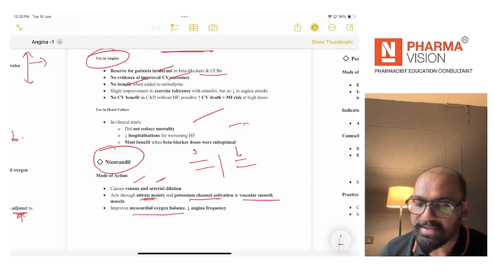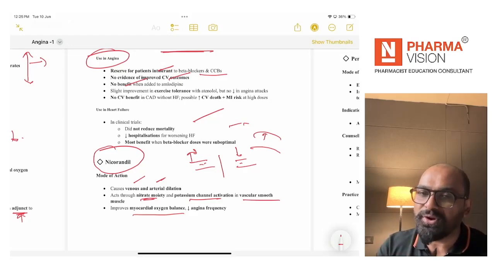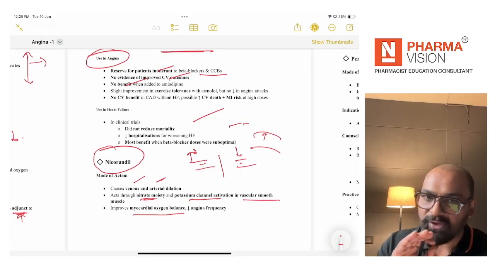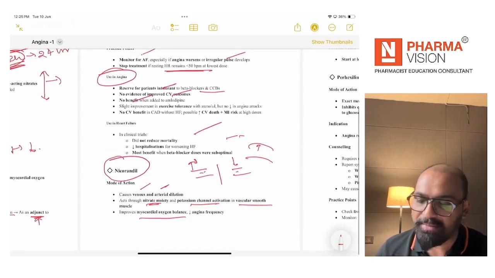Myocardial oxygen balance: it improves vasodilation, so increases the supply. Also both the blood vessels are going to be dilated. That means an increased capacity for holding fluid, so less fluid reaches the heart for pumping, and that also decreases the myocardial oxygen demand.